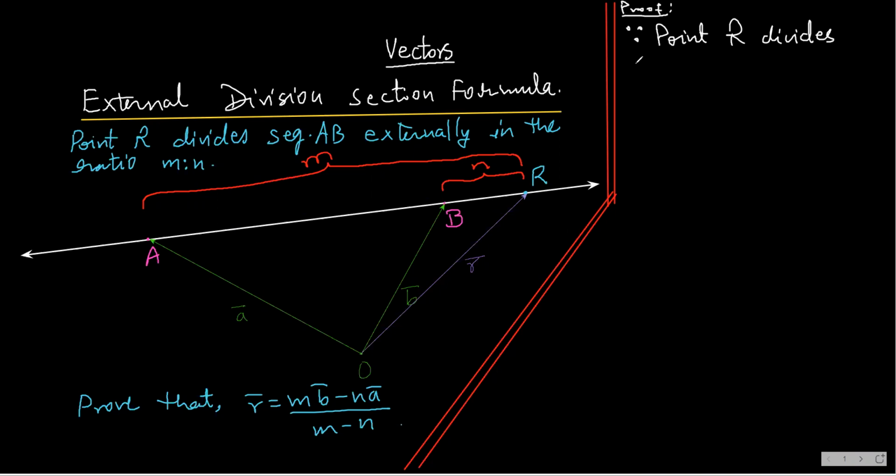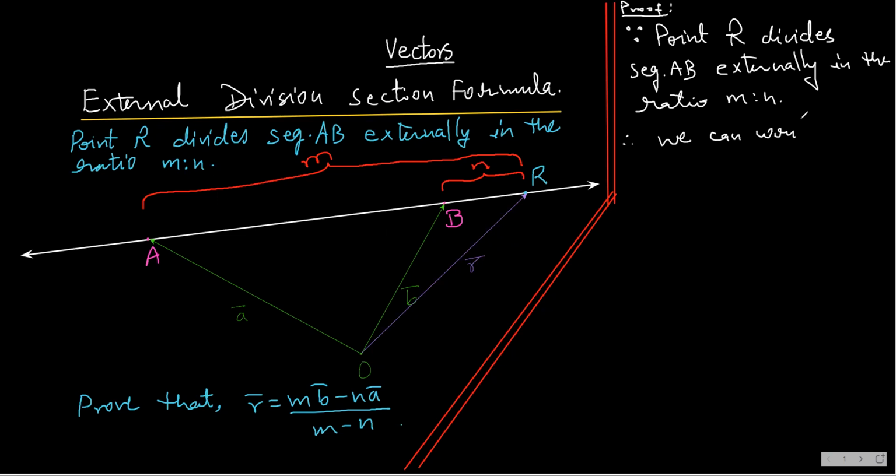Since point R divides segment AB externally in the ratio m:n, therefore we can write AR upon BR. R is dividing AB, so AR upon BR. Okay, this is very important. Whether it is internal section formula or external section formula, you will always take the ratio the way I just showed it to you. AR upon BR equals M upon N. Remember, everything is numbered till now. Next step is, I will write therefore NAR equals to MBR.